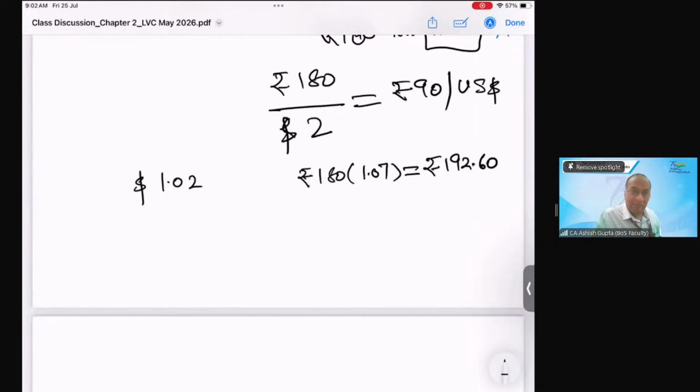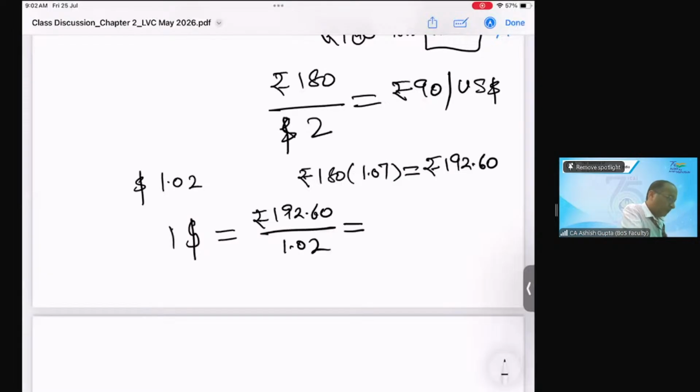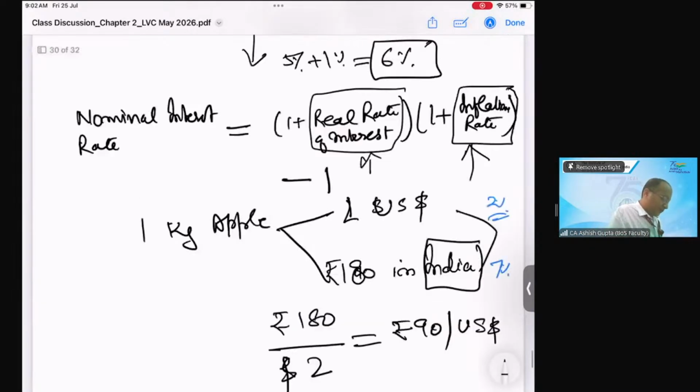So after 1 year I will pay this much amount in the US, and for the same apple in India I will pay this much. Sorry, my mistake here, I just forgot, I considered it as $2.